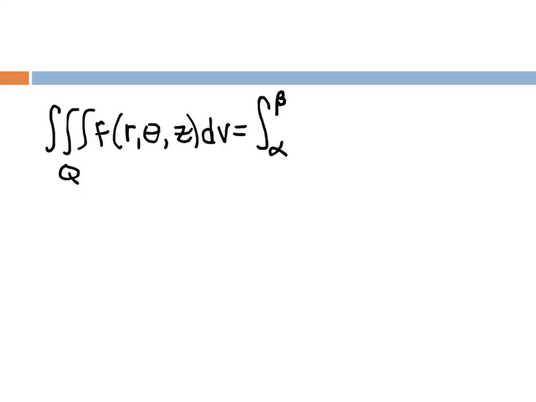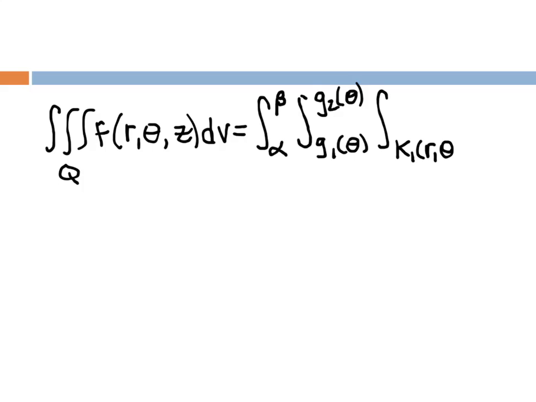The integral in the middle would be from g1 of theta to g2 of theta, and then my innermost integral, from k1 of r, theta to k2 of r, theta.